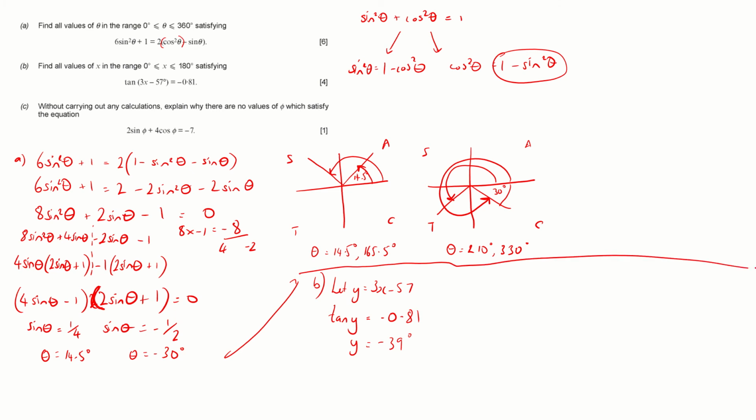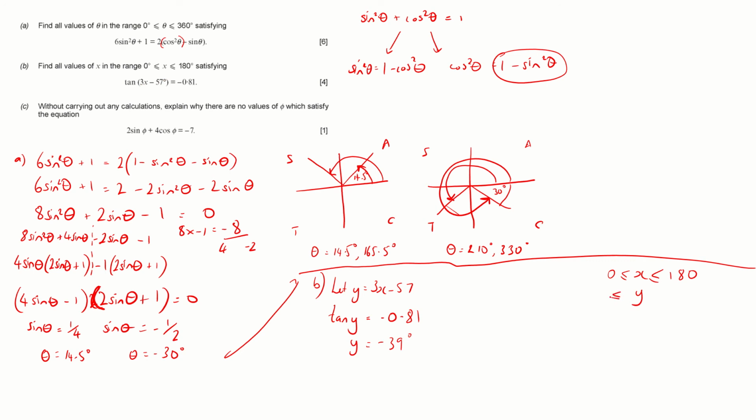Now we could go straight into the CAST diagram with that, but what I think we maybe should do is adjust the range first. So the range was 0 to 180, but that was for x. I'm talking now about y. If the range was 0 to 180 for x, then for y I need to times it by 3 and then take away 57.